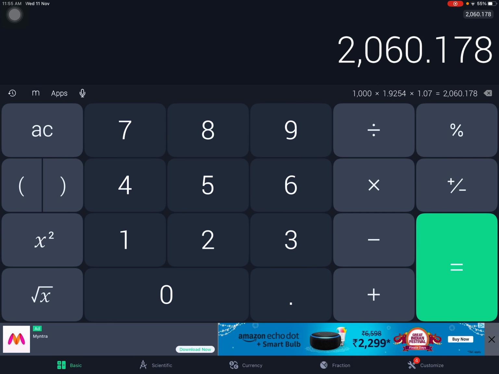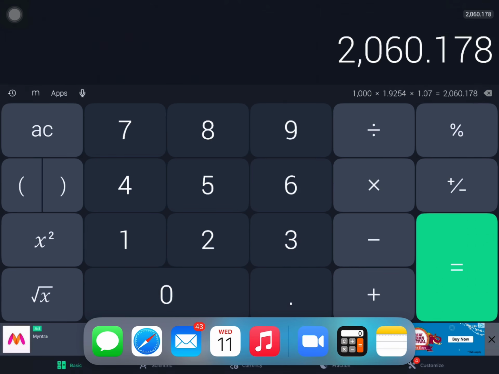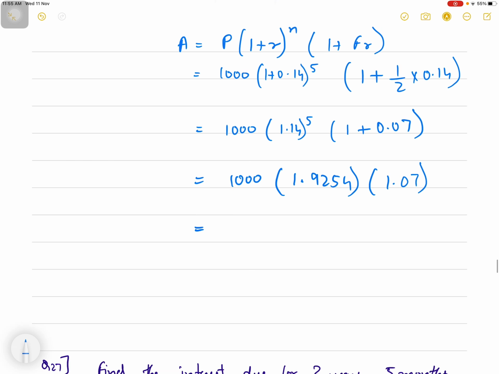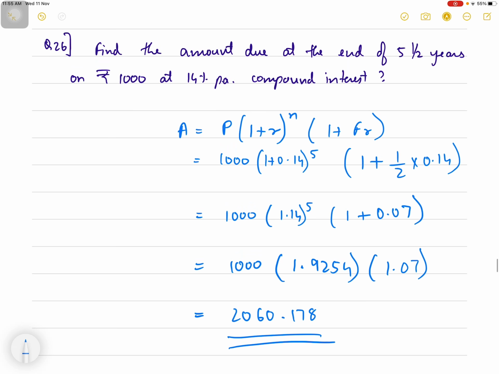It comes to 2060.178, or 0.18. So 2060.178. Got it?